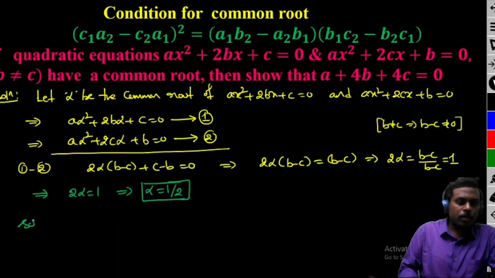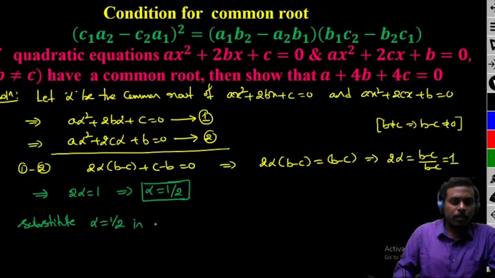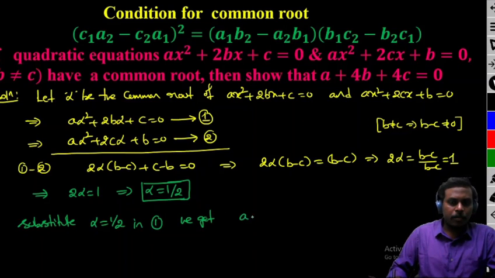Now substitute alpha is equal to 1 by 2 in one of the above equations. In equation 1, we get a into 1 by 2 whole square plus 2b into 1 by 2 plus c is equal to 0.